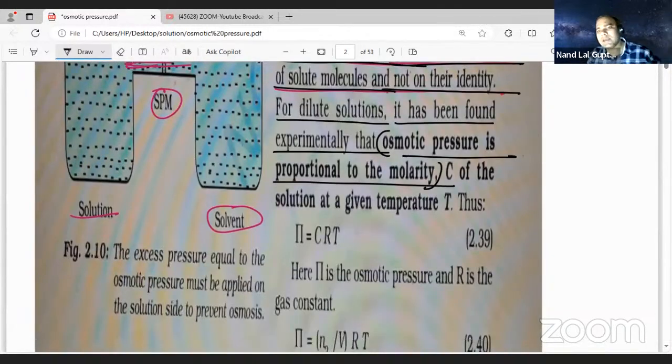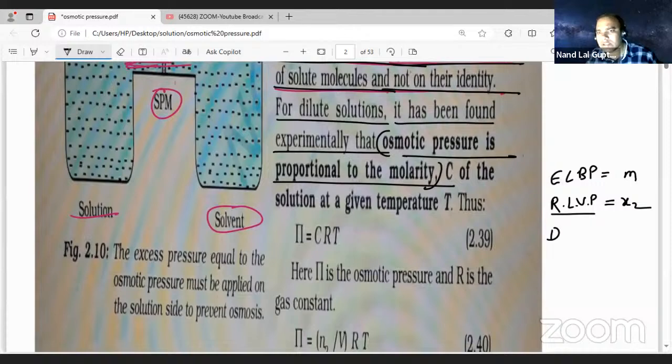See, ELBP, elevation in boiling point, depends on molality. Relative lowering of vapor pressure, RLVP, depends on mole fraction.